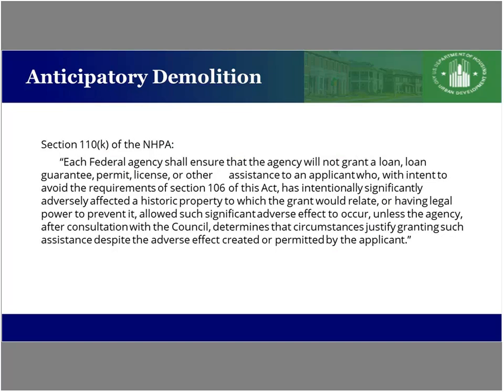HUD must also enter consultation when there may be anticipatory demolition. And here it's almost worth reading verbatim. Section 110K of the National Historic Preservation Act says that each federal agency shall ensure that the agency will not grant a loan guarantee, permit, license, or other assistance, like financing or refinancing mortgage insurance, to an applicant who, with intent to avoid the requirements of Section 106 of the Act, has intentionally, significantly adversely affected a historic property to which the grant would relate, or having legal power to prevent it, allowed such significant adverse effect to occur.